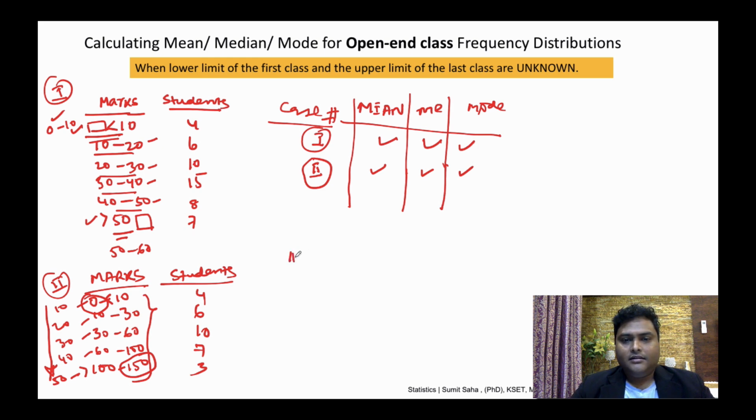Now consider case 3. Think that this kind of frequency distribution is given.